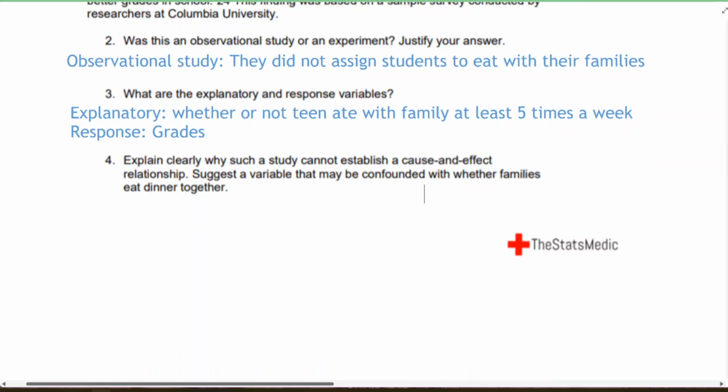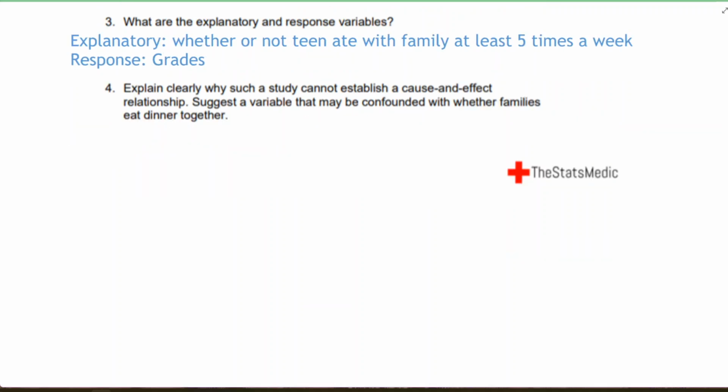And lastly here, explain clearly why such a study cannot establish a cause and effect relationship. Suggest a variable that might be confounding whether families eat together. It's pretty clear that we're not going to be able to establish a cause and effect relationship because this wasn't an experiment. But what could be confounding whether families eat together? Are there other things that were not in this study that also affect grades?